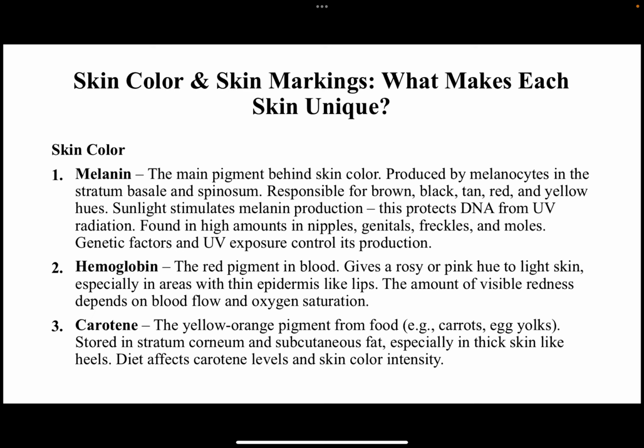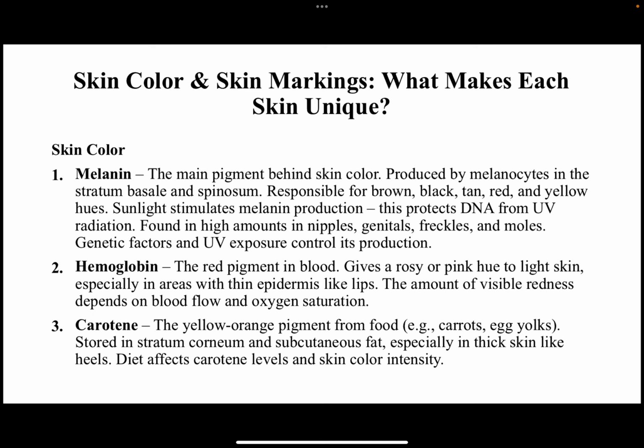How would you be able to know that? If you have a lot of hemoglobin, especially in fair-colored individuals in our part of the world, in areas of your body where there are visible blood vessels, you see a reddish or pink coloration, indicating that you have a lot of hemoglobin.